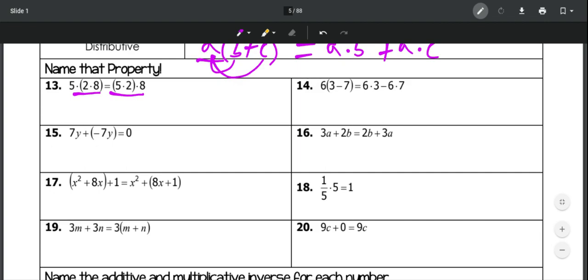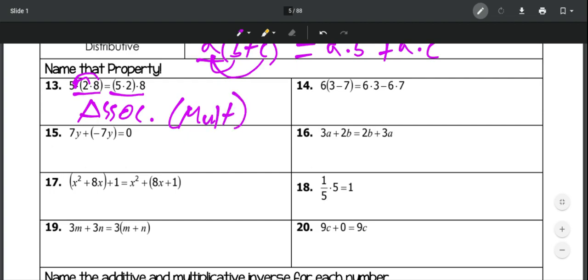We've got some parentheses involved, so we know that it could either be distributive or it could be associative. Now, we're not distributing the 5 to this 2 and the 8. We're taking it and we're moving the position of it. So that means it's going to be associative. And I just want you to remember that it's multiplication in parentheses.